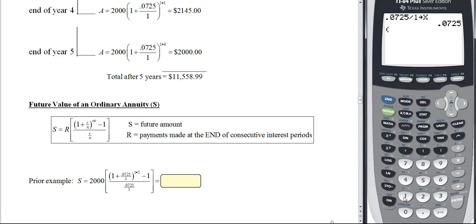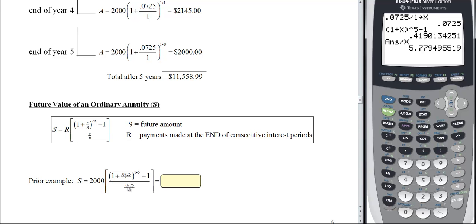So parentheses 1 plus, remember I put this in for X, so I don't have to type all of that in, raised to the 5th power minus 1. Do your whole numerator. Now that number belongs here. I now have to divide that by what I put in for X. So divide by X.